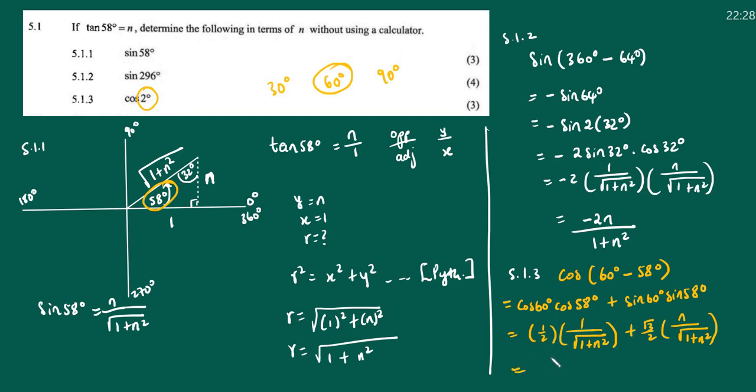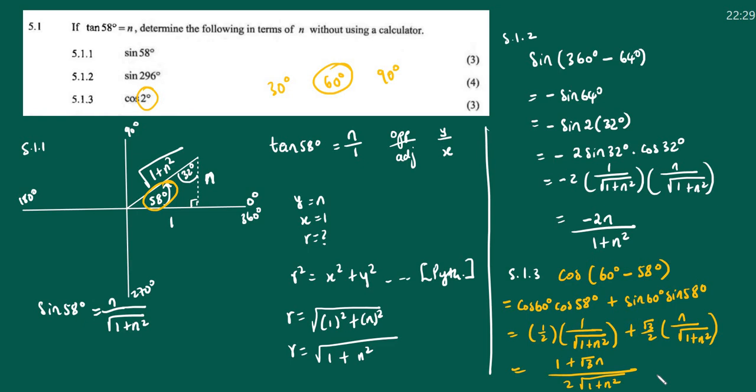The final answer, if you simplify, will be 1 plus the root of 3 n all over 2 root 1 plus n squared, because the denominators are going to be the same there.